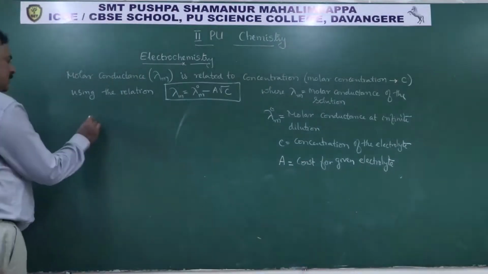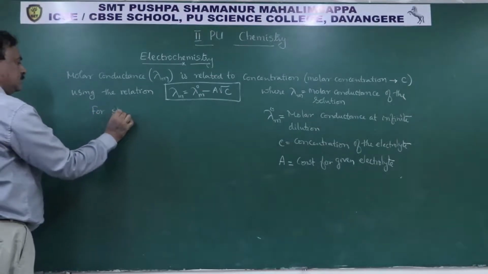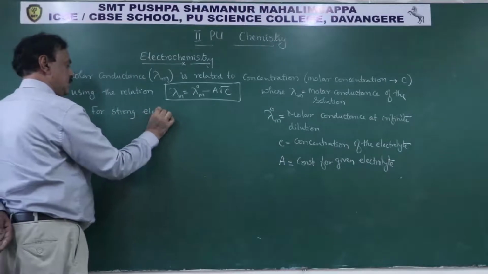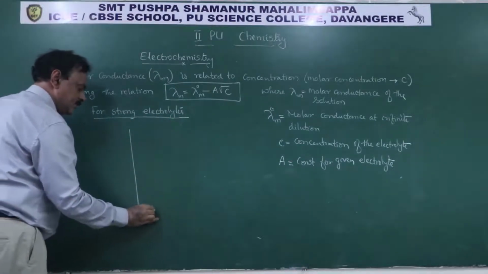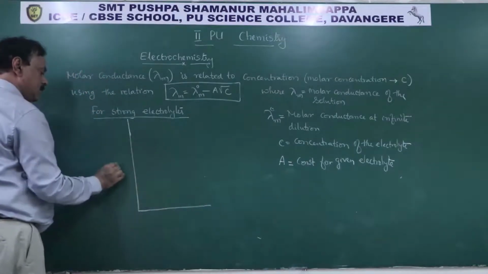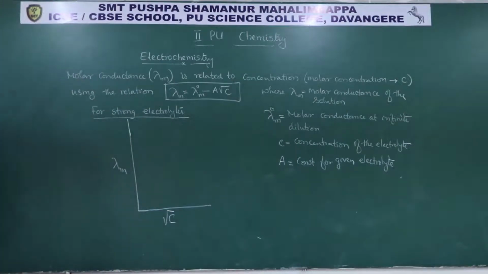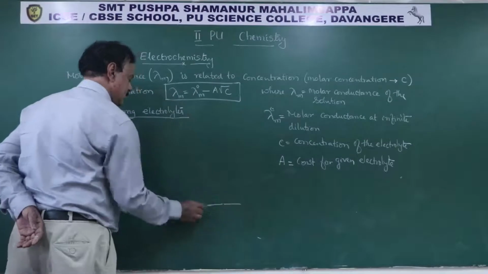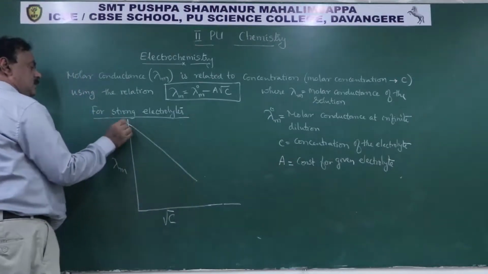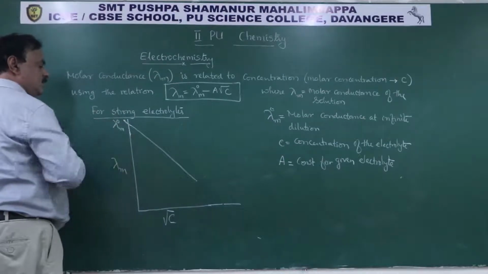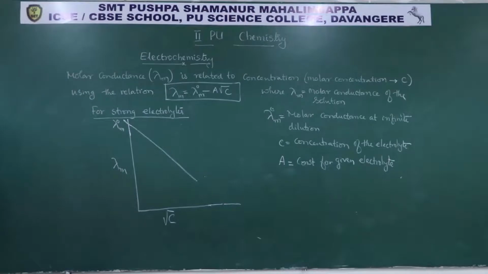By plotting this graph for strong electrolytes, you plot lambda m against the square root of C. For a strong electrolyte, it is found to be a straight line. The intercept is called lambda naught m, in Siemens square meter per mole.